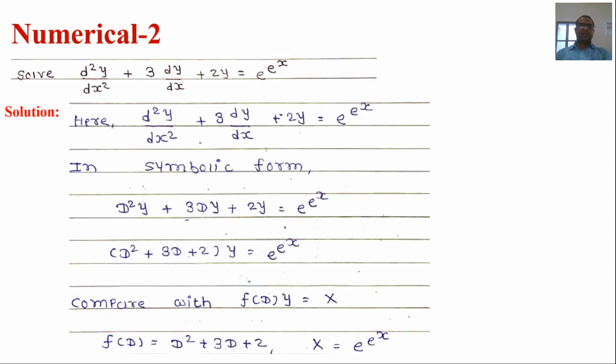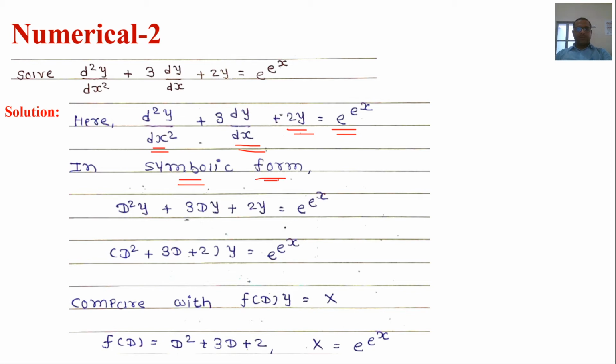Now let us take the second numerical. In the second numerical, the given differential equation is d square y upon dx square plus 3 dy by dx plus 2y is equal to e raised to x. As we have discussed, if the given differential equation is not in differential symbolic form, then convert it into symbolic form.